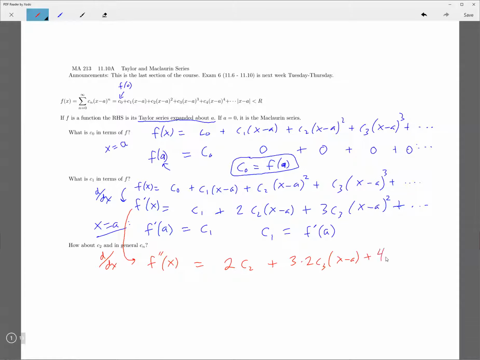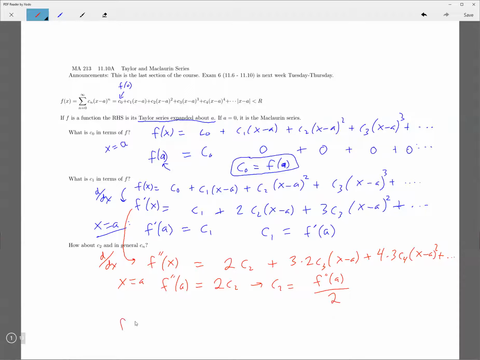And then the next one's going to be 4 times 3 C4 times x minus a squared, and so on, right? The next one's going to be 5 times 4, next 6 times 5, and so on. And then if you set x equal to a, you get the second derivative at a is equal to 2 C2. So that means C2 is equal to the second derivative at a divided by 2.